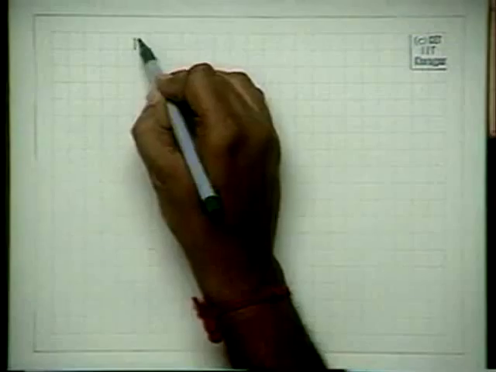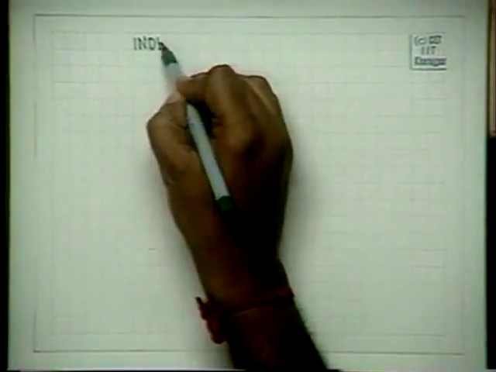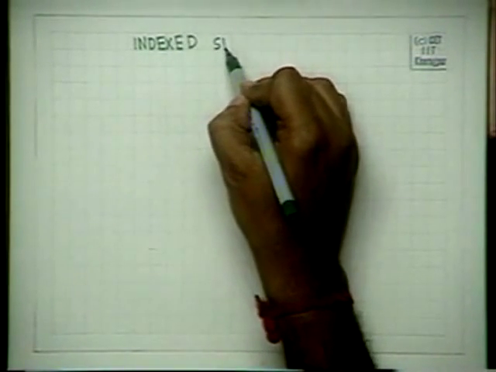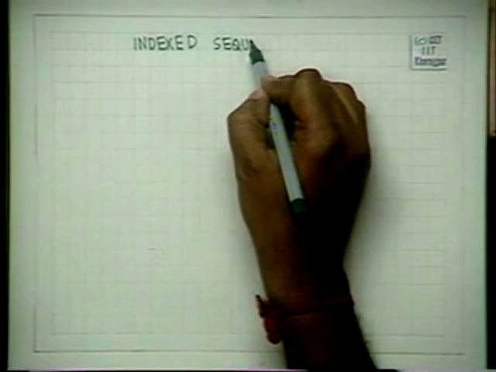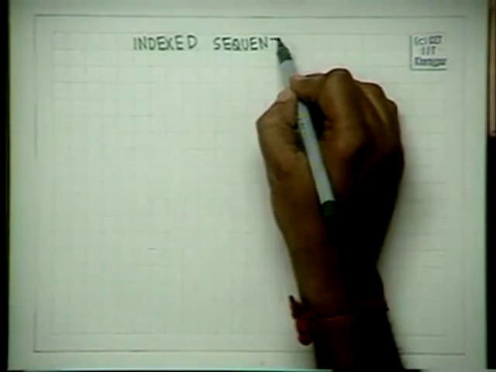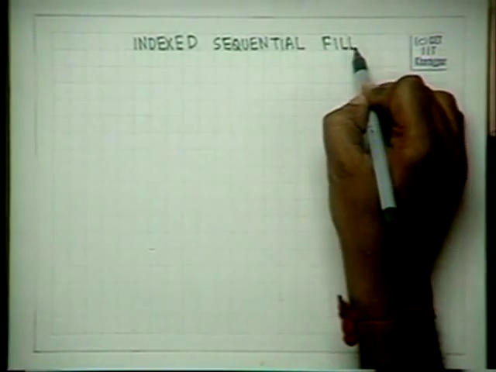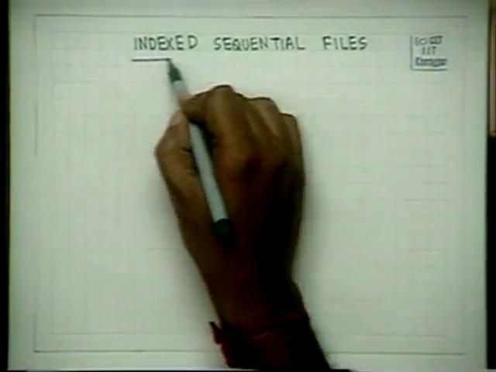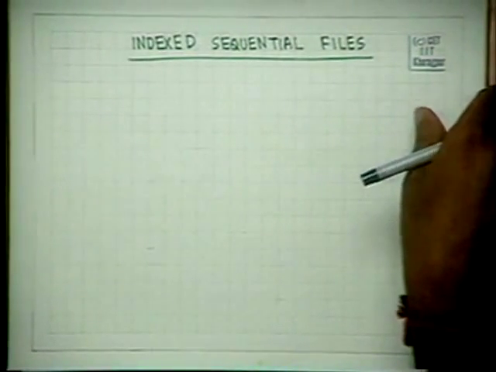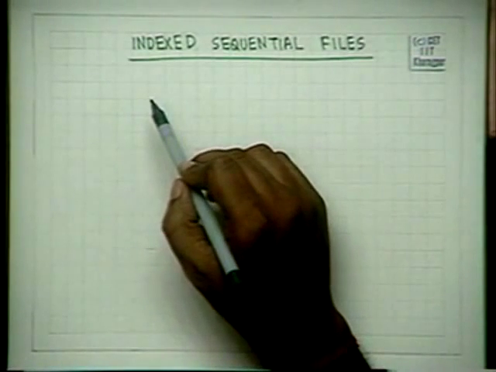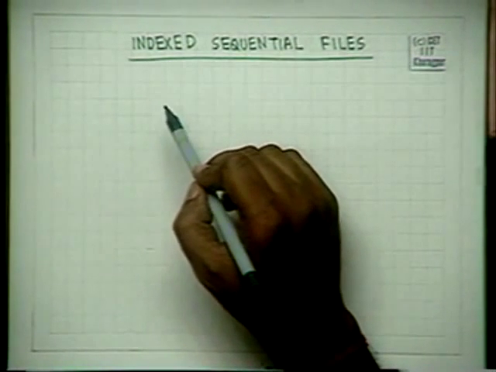Next, we come to the problem with a sequential file, which is that access is sequential.